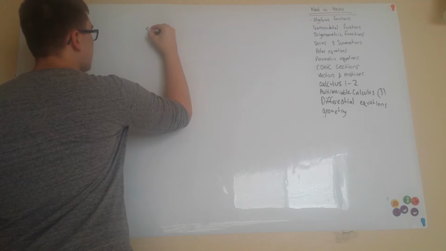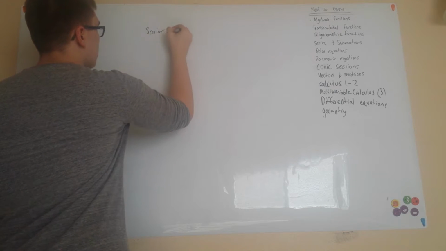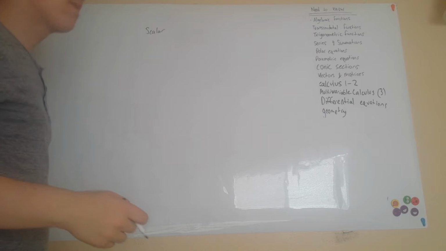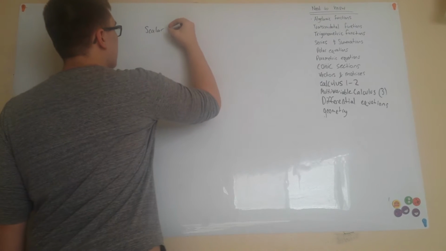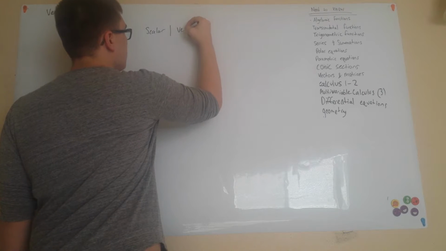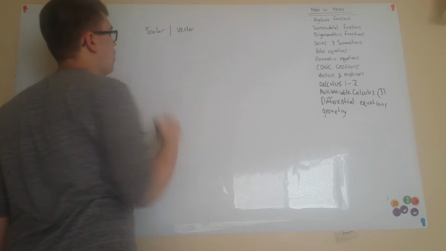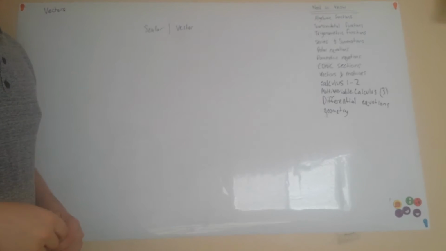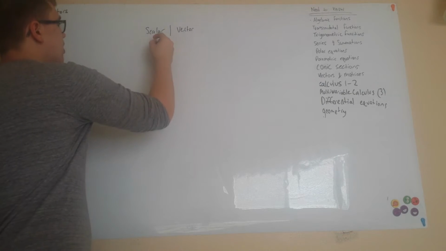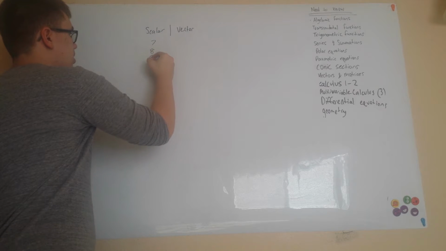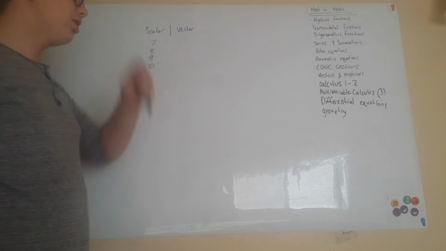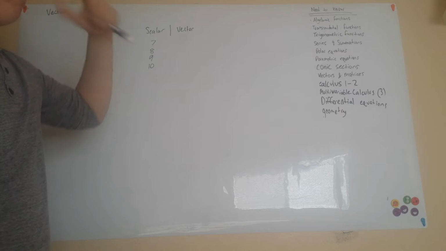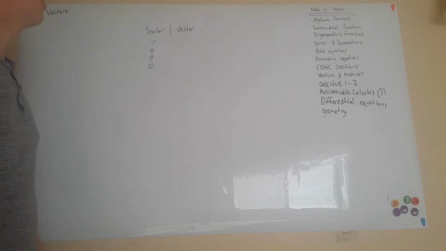There's a scalar quantity, and then there's a vector quantity. Now, the scalar is just any number. It really is just a number.